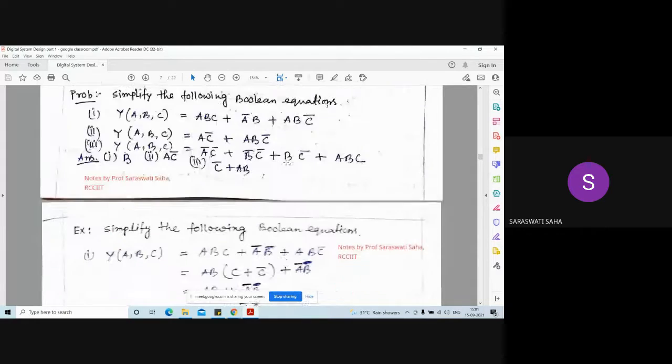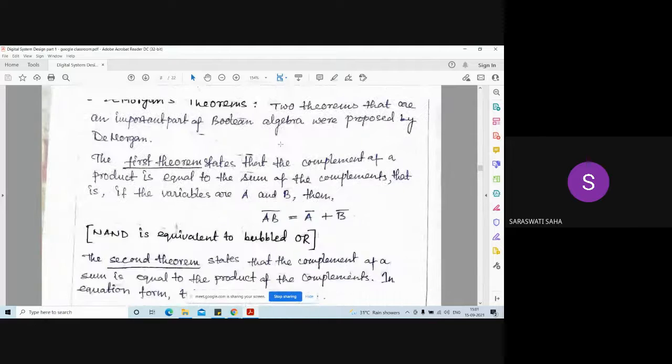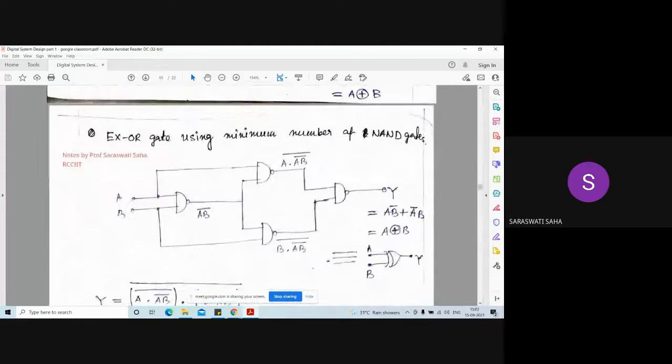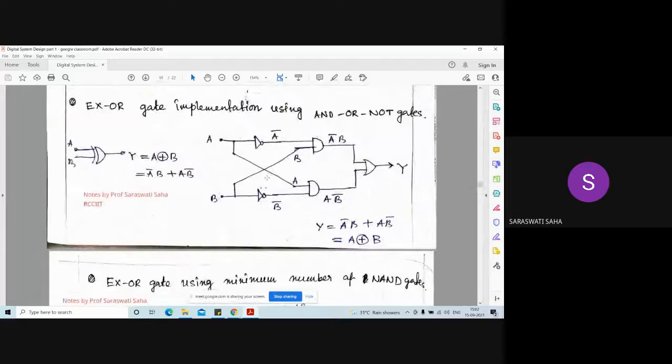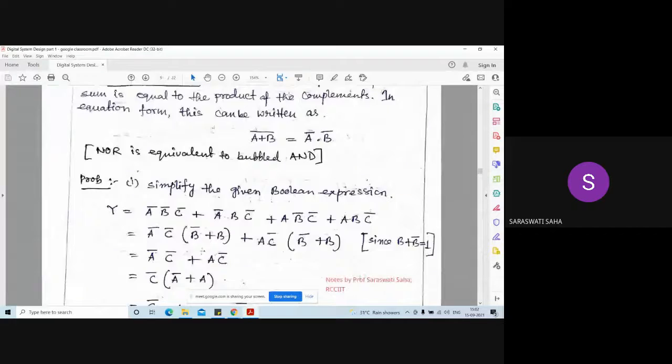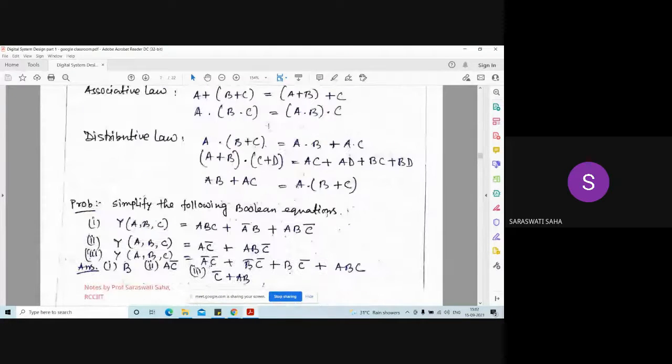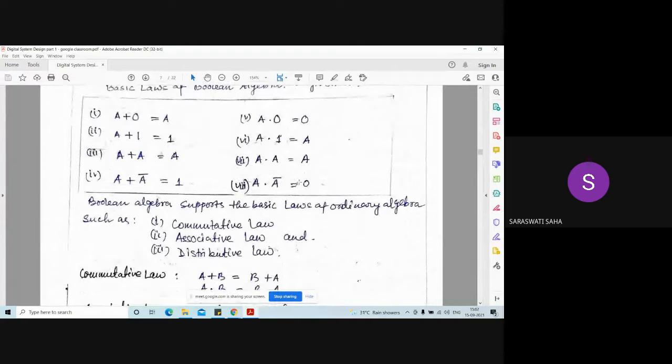And see, one important thing here, now just see one thing. These 4 laws maintain some properties.